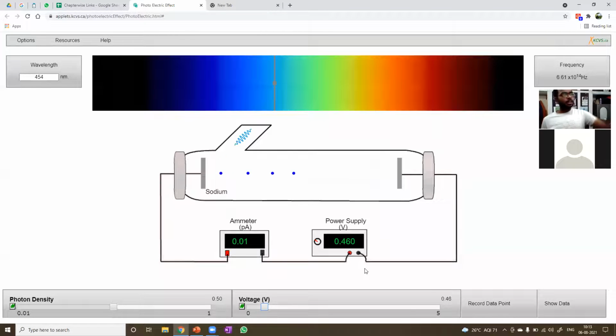Okay, you can see that 0.46 is the minimum voltage that I can apply across the discharge tube so that the electrons do not reach the other side.